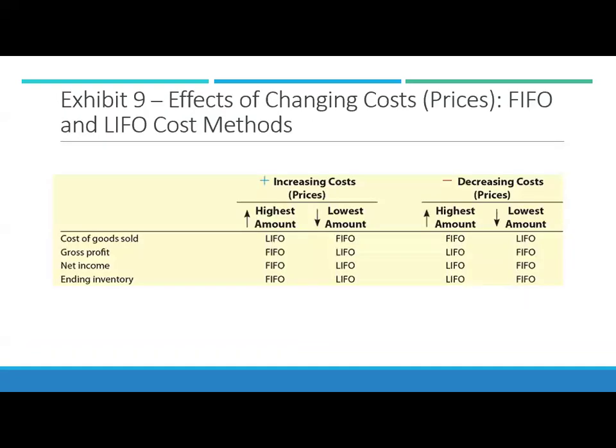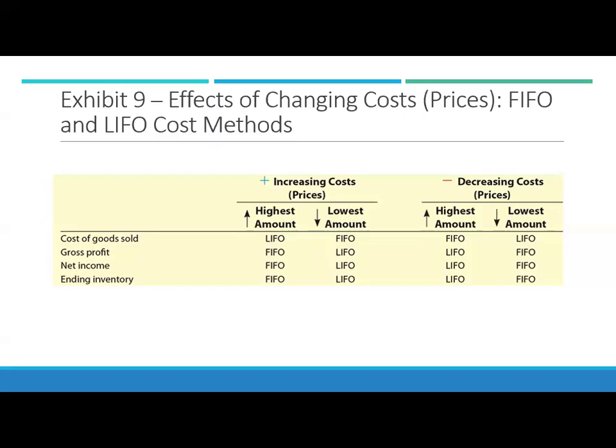And in a period of decreasing costs, the opposite is true. And it is common that there are periods of decreasing costs for businesses. For example, right now, we're in a RAM shortage. RAM prices are going super high, but that's going to reverse at some point.